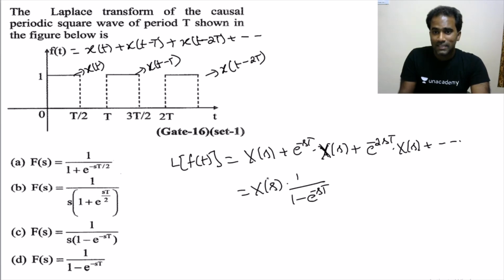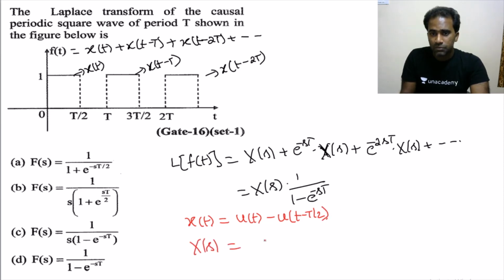Now, in this case, X of s is the Laplace transform of the first signal. So let us write what is x of t here, and then we can find X of s. x of t is looking like a rectangle from 0 to T by 2, which we can express as u of t minus u of t minus capital T by 2. Okay, so now X of s is equal to the Laplace transform of u of t, which is 1 by s, minus the Laplace transform of u of t minus T by 2.